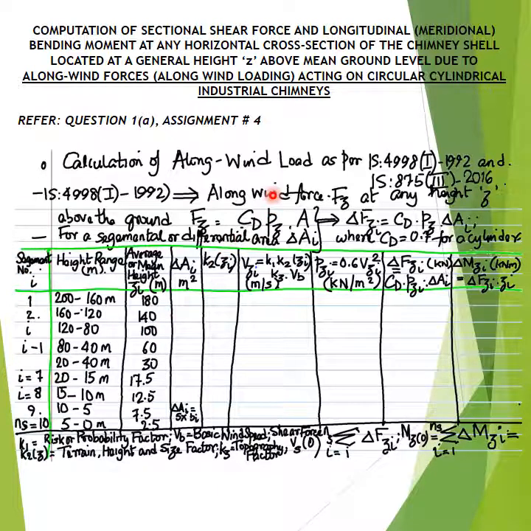numbered from 1 to 10 in the column of the table corresponding to the design wind speed.